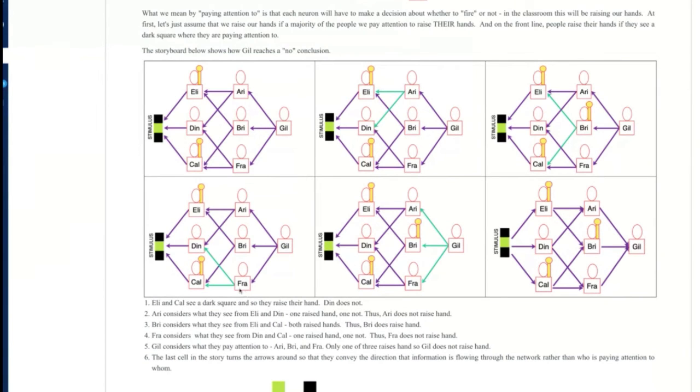So Fra says, no, I'm not going to raise my hand. And then Gil is looking at Ari and Bree and Fra and says, well, I see only one of the 3 raising hands, so I'm not going to raise my hand. So in this case, this network is basically saying, no, I did not see the pattern I was looking for. Any questions?